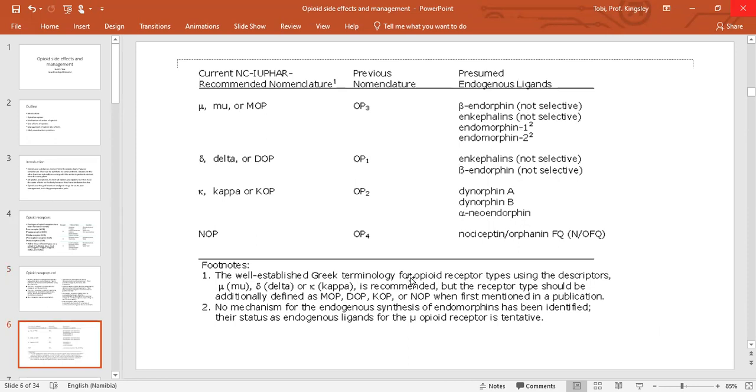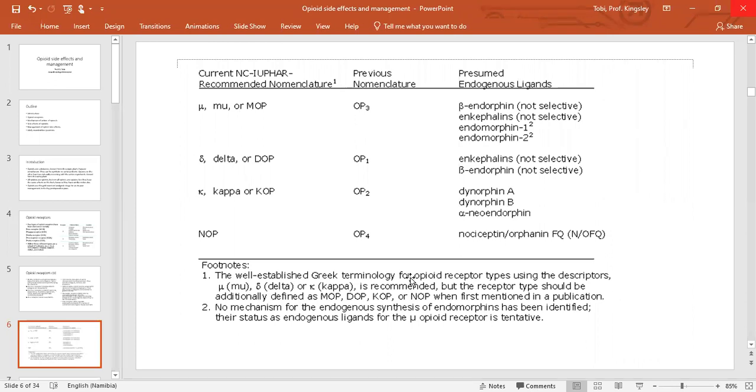Now, this table was taken from one of my references. You can see that the mu receptors used to be known as OP3. They have non-selective effects on beta endorphins and enkephalins, while they are specific for endorphin 1 and 2. The delta opioid receptors, formerly known as OP1, are not selective between enkephalin and endorphin ligands.